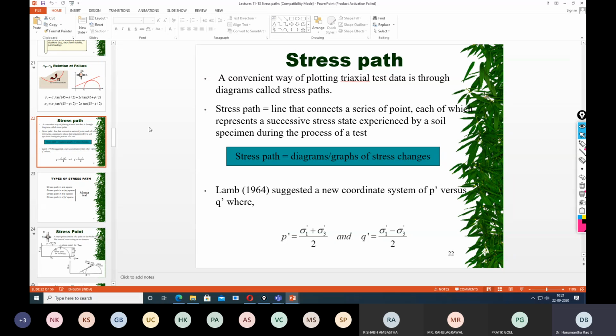Therefore, there was no failure. But once the elastic settlement is over, do you expect still there is an increase in the shear stress? No, sir. Okay, so that means the shear stress remained constant.